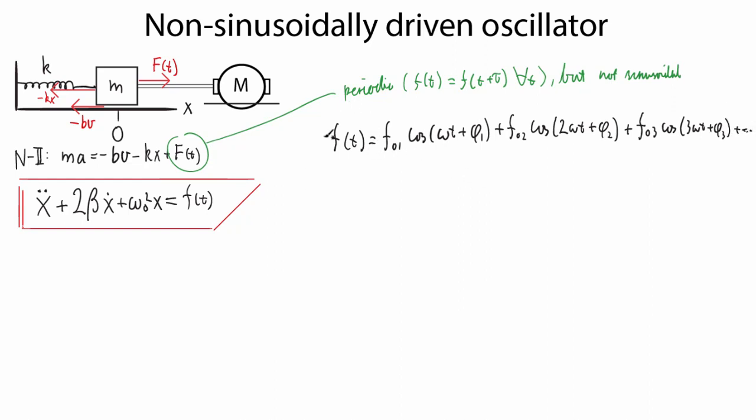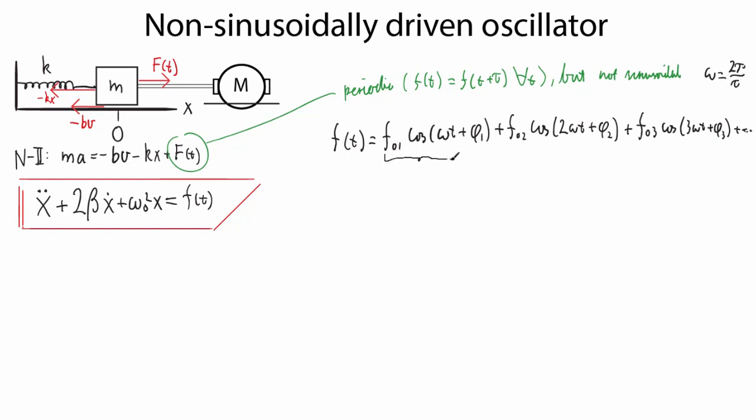So we can say that this force consists of a fundamental wave that oscillates at the frequency of the driving force, omega, where omega is 2 pi over tau.